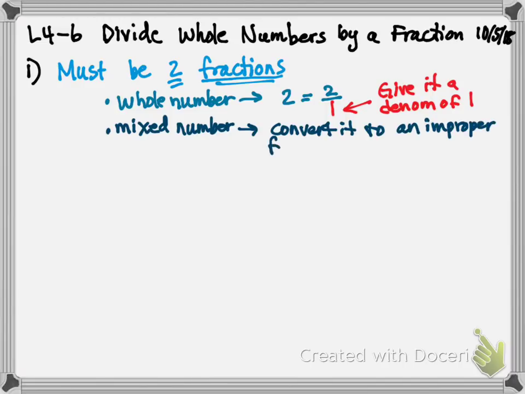And if you remember, I used something like a sideways V. So if I have 2 and 1/2, I'm going to multiply the denominator times the whole number, and then add the numerator. That's going to become your new numerator, and the denominator stays what the denominator was, 2. So 2 times 2 is 4, plus 1 is 5, and we would get 5/2. Number 1.